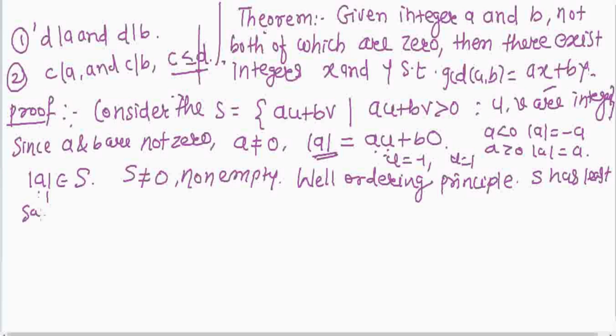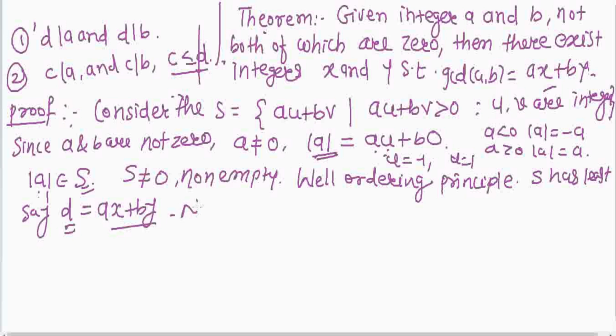Say that least element is D. Suppose D is the least element of S, but every member of S is of the type AU plus BV. Therefore D must be like AX plus BY.